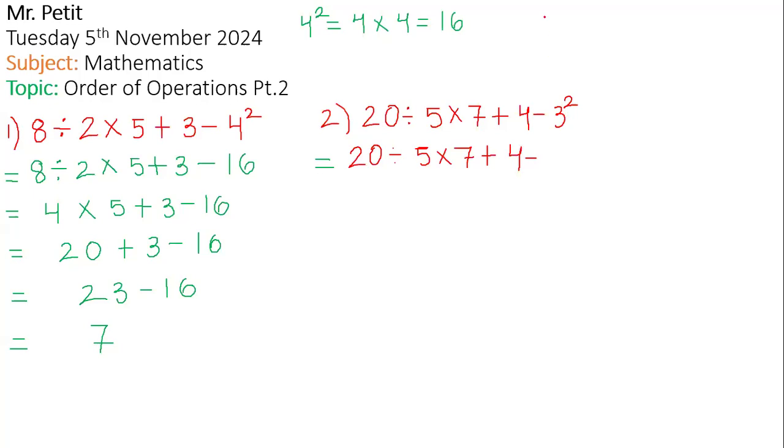What is 3 squared? 3 squared is 3 times 3, which is 9. Very good. So 3 squared is 9.